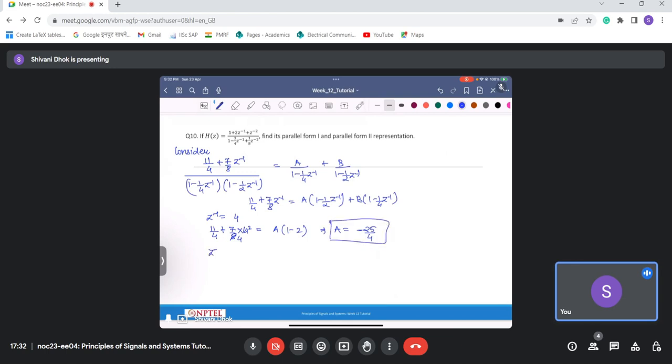Similarly, let's say z^-1 equal to 2. So what we have is 11/4 plus 7/4 is equal to B into 1/4. Okay, I'm sorry, this is 1/2.